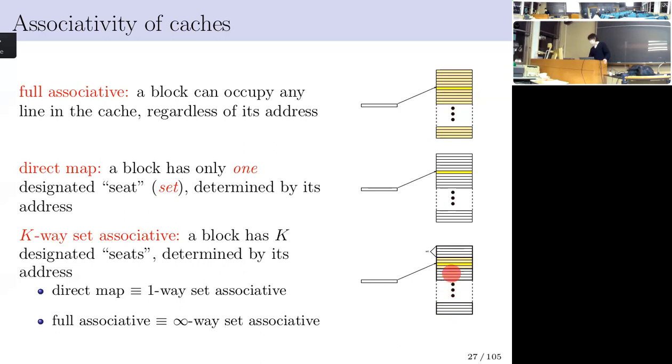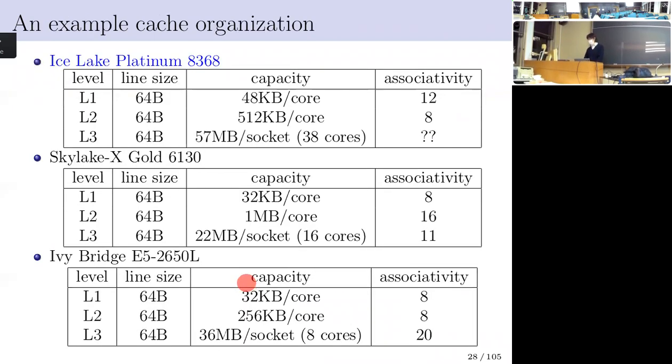For example, this picture is a 4-way set associative cache, and even if you have only 5 elements, if all 5 are mapped to the same set and you cyclically access them, cache misses start to happen, because you have only 4 seats available for these 5 data elements.